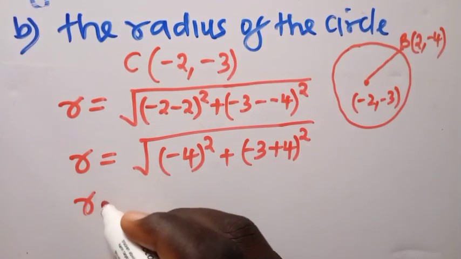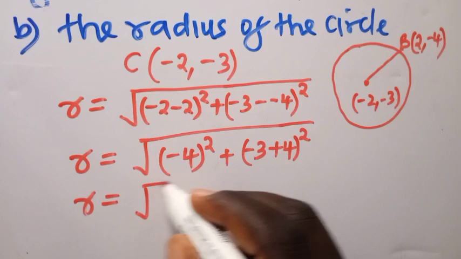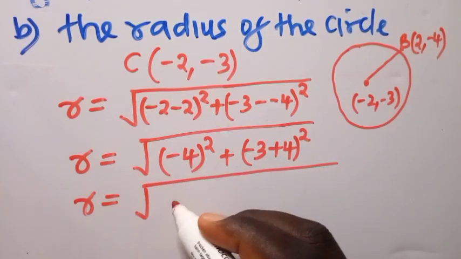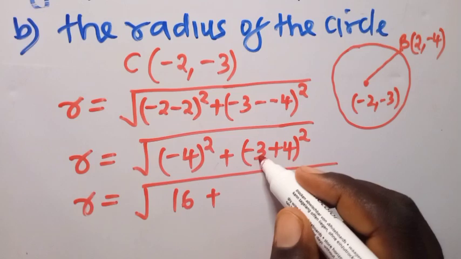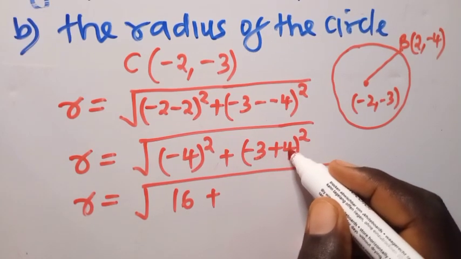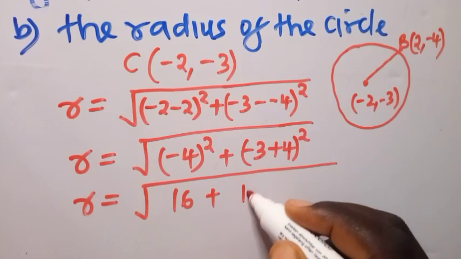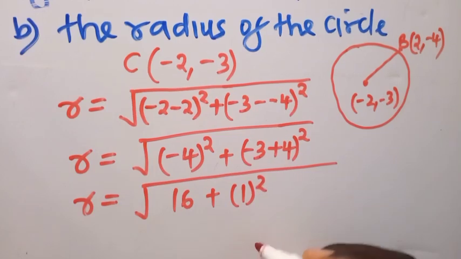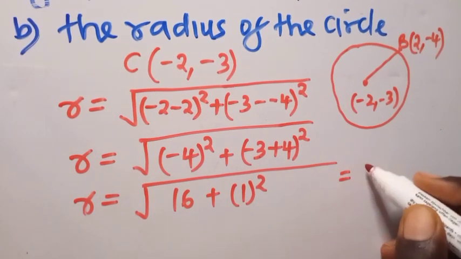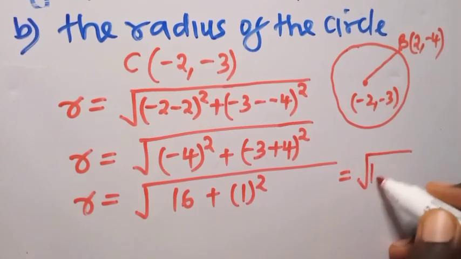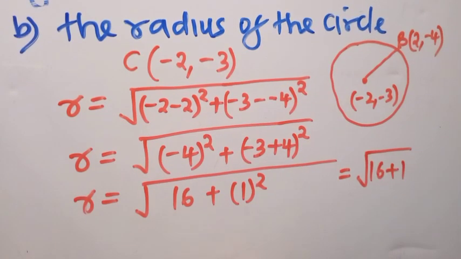Then from there, the radius is equal to the square root of negative 4 squared, which is 16, then plus negative 3 plus 4, which is 1. Then if we square it, we get 1. And therefore, in this case, we shall have the square root of 16 plus 1.